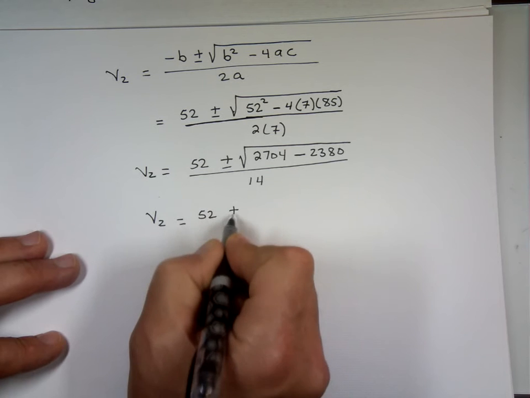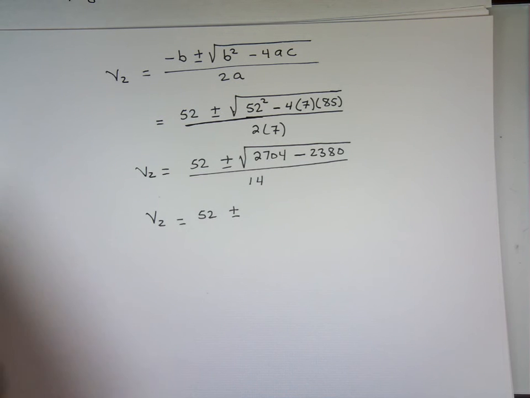Let's subtract them and take the square root in one shot. 2704 minus 2380, 324. Take the square root of that number. Happens to be 18.